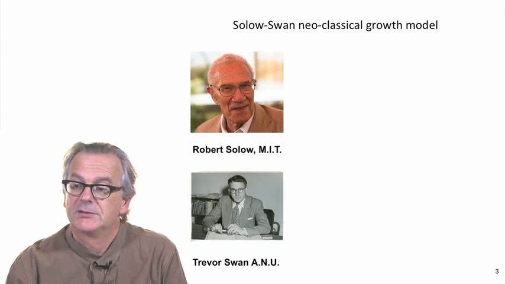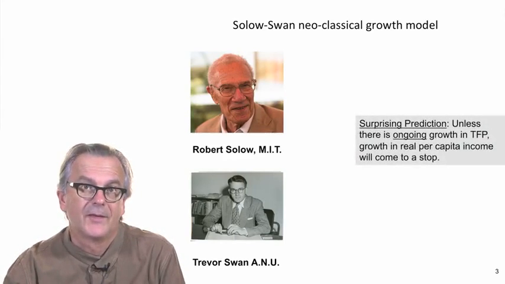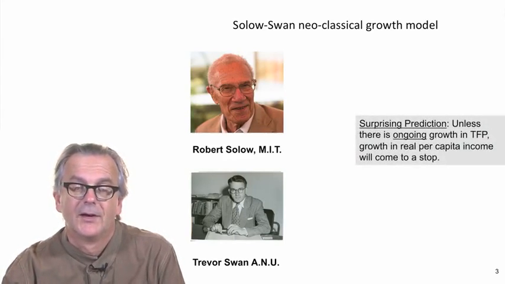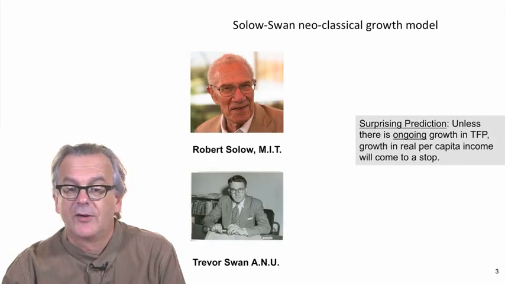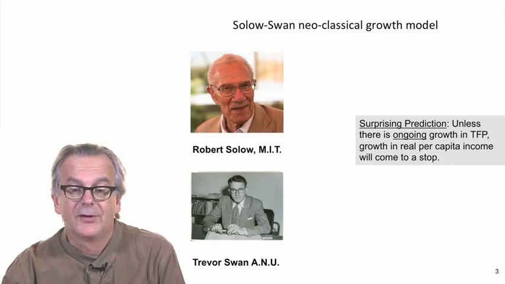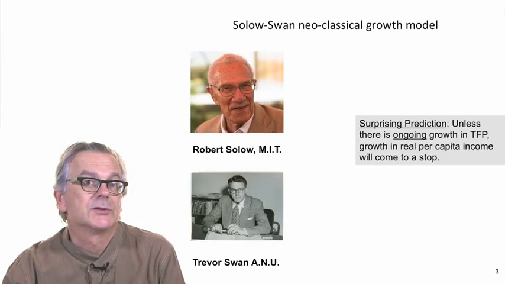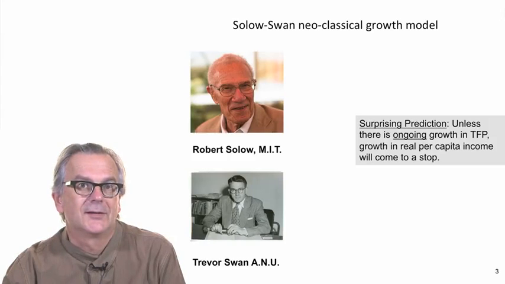But it's famous because of a very surprising prediction that this model yields. It's a prediction that says the following: unless there is ongoing growth in total factor productivity, then growth in real per capita income will eventually come to a stop. It's a model, in other words, that predicts economic growth will eventually cease.